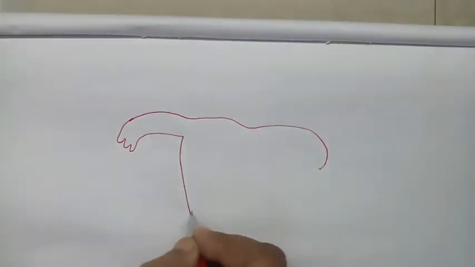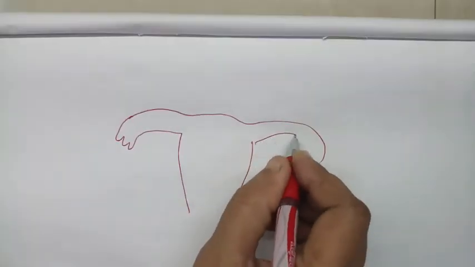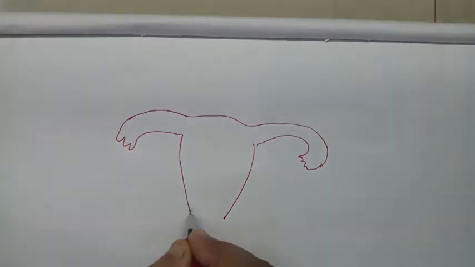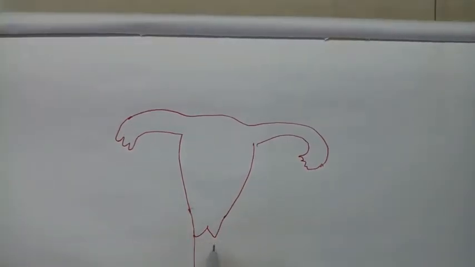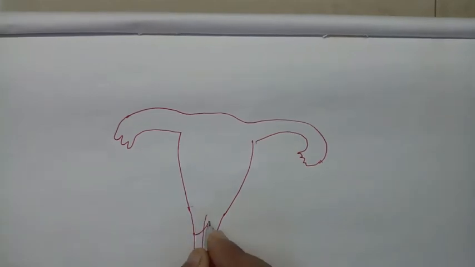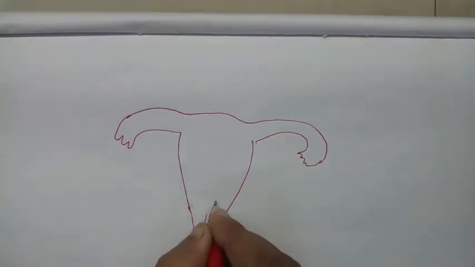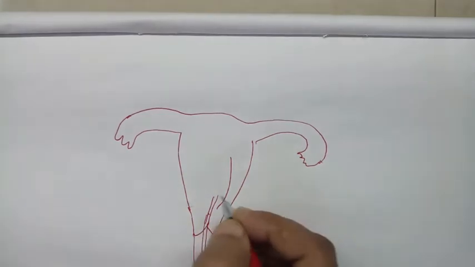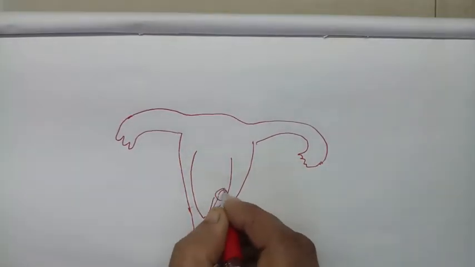Just a rough diagram of the uterus. Here, the fertilized eggs which are produced in the laboratory will be introduced into the lining of the uterus. Here it will be implanted.